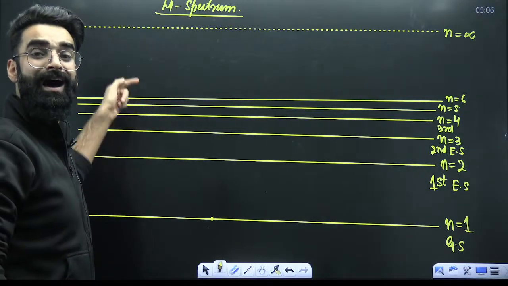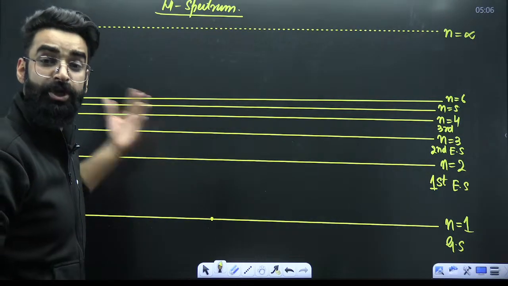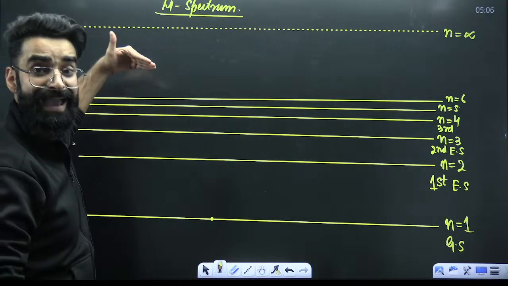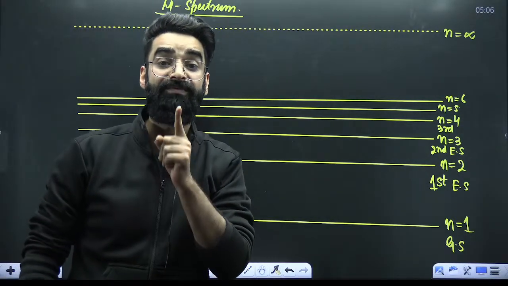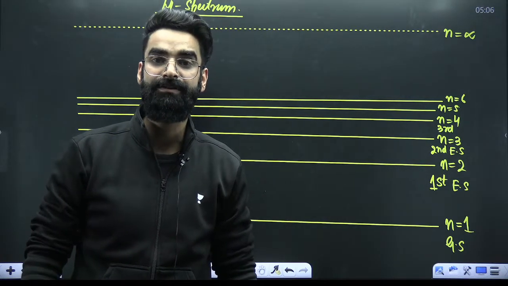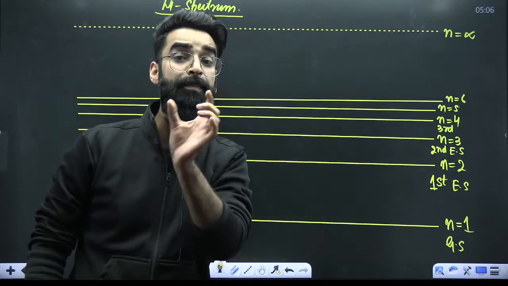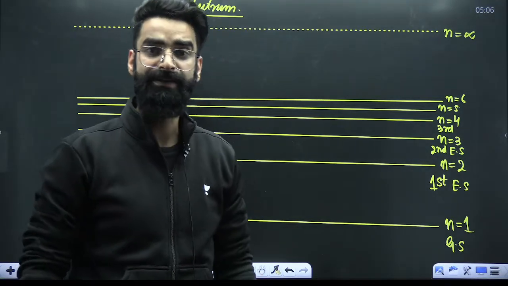Then the electron jumps back. When an electron makes a transition from a higher energy state to a lower energy state, it emits energy in the form of radiation. That radiation will have a particular wavelength.